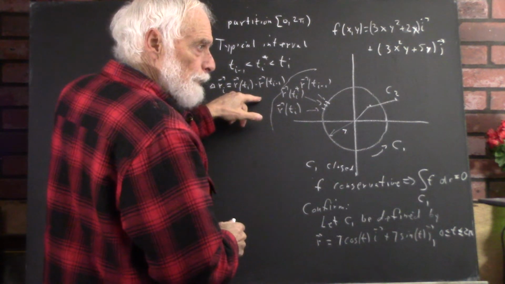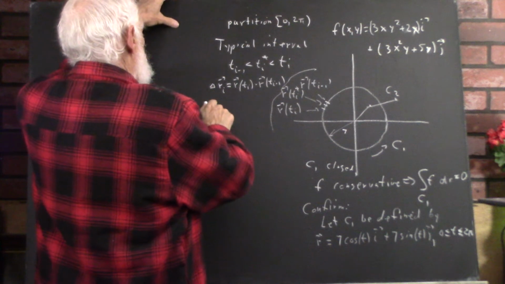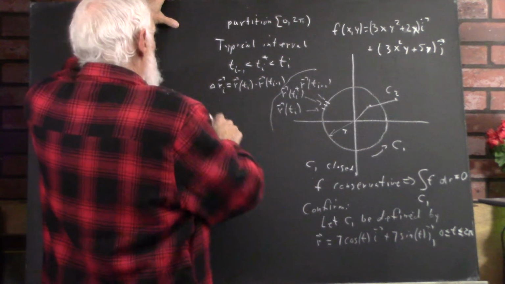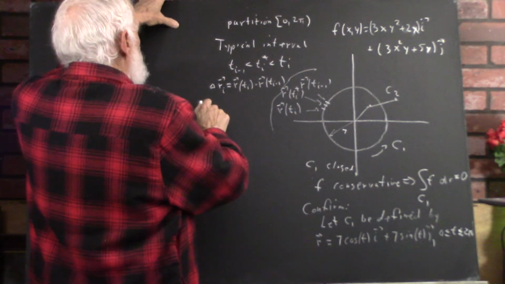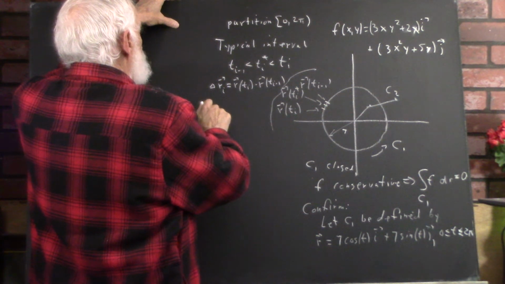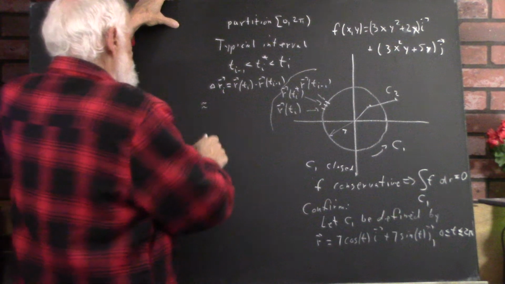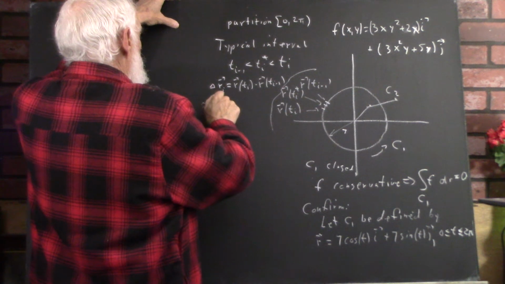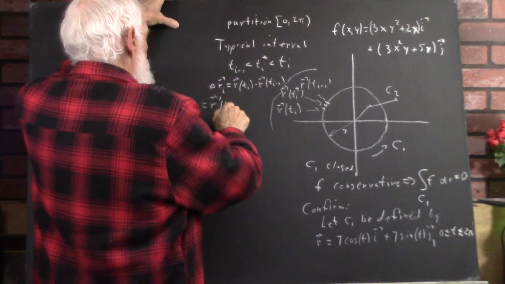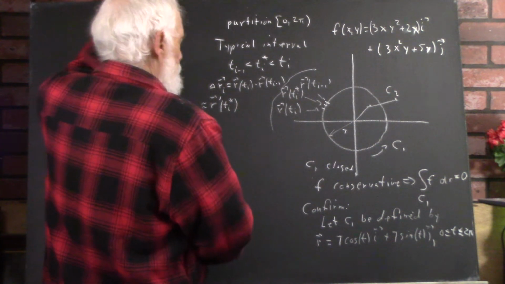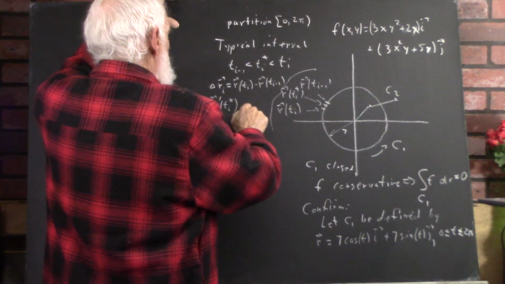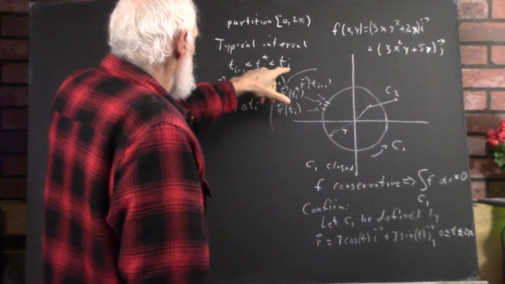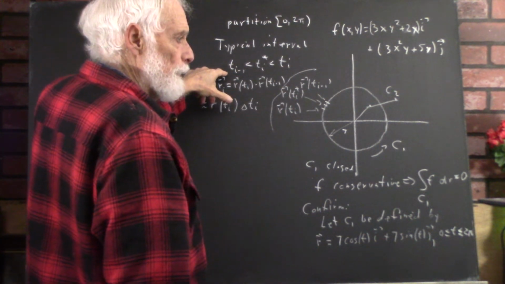And this is approximately a straight line segment of length, well, magnitude of this, okay, this is going to be approximately r prime of t i star multiplied by delta t i, being t i minus t i minus 1.